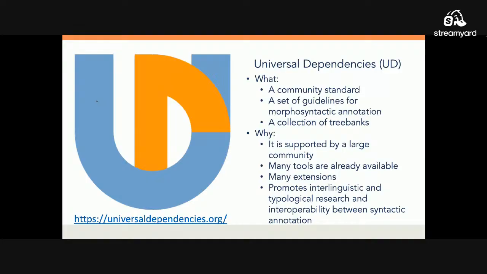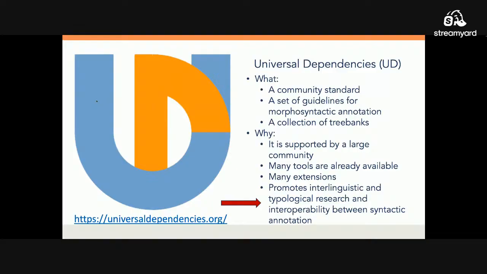Why is it interesting? Because it's supported by a large community. There are many tools that are already available, many extensions that already exist and are still being developed. And probably this is the most interesting for those who study ancient languages, because it's made to promote interlinguistic and typological research.